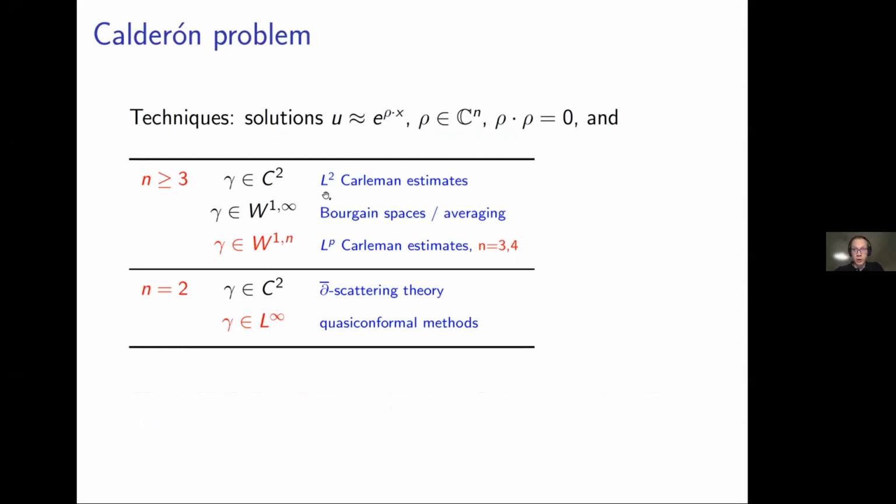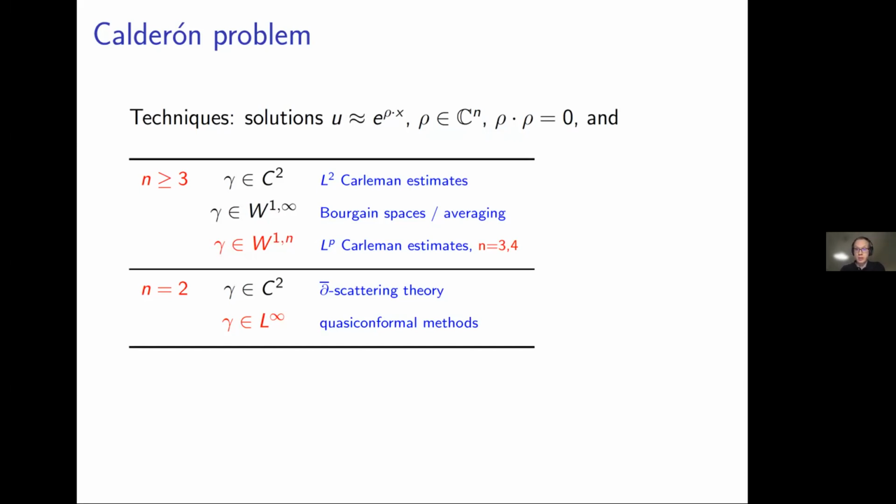And if you go to lower regularity, you have to use more advanced spaces. In the Lipschitz case, people use so-called Bourgain spaces. These are not traditional Sobolev spaces, but function spaces adapted to the equation and some averaging arguments. And to go to W^{1,n}, you need to combine that with L^p-based Carleman estimates. And in 2D, you have different methods: there's D-bar scattering theory and the use of quasiconformal mappings.